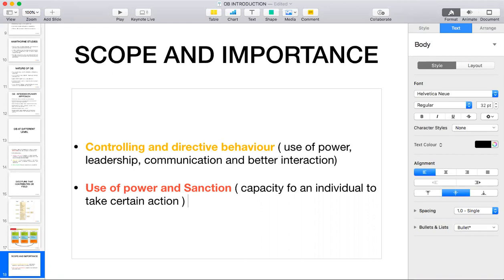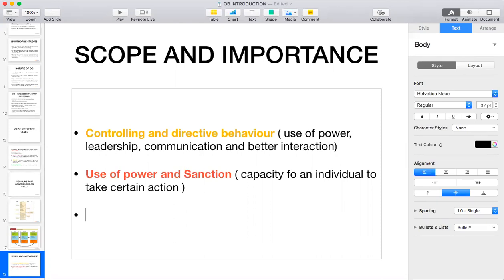If we are talking about a manager in the company, a manager may have some power to hire someone, to fire someone, to kick someone out of the company. There may be some power related to decision making in the company. How the power assigned to a particular person is utilized in a positive direction, in a favorable manner, so that it won't affect the work culture in the organization.